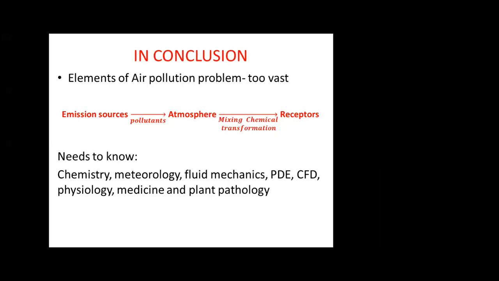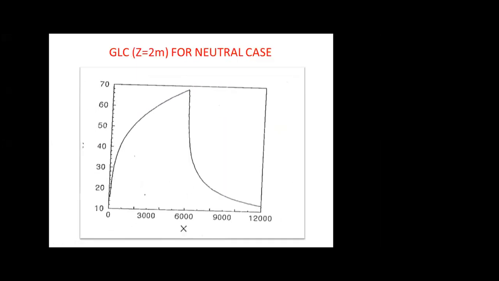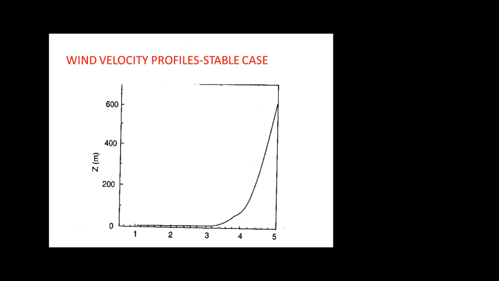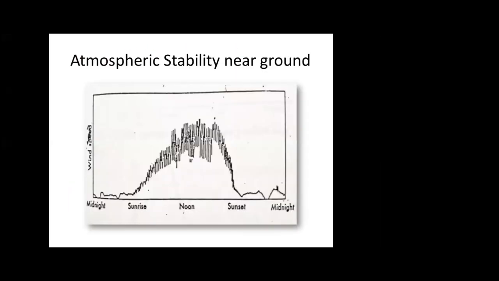Okay, thank you, sir. The next query is, is the latitudinal parameter of the Earth included in your model? Latitudinal in the sense, these two parameters taken in the model, the wind speed and the eddy diffusivity, are functions of height.